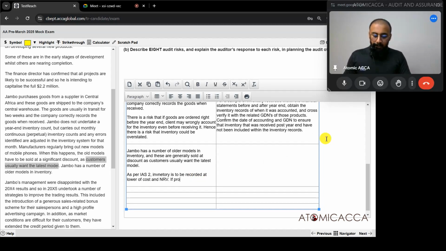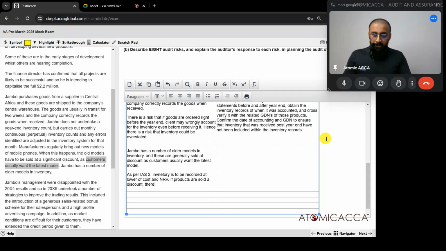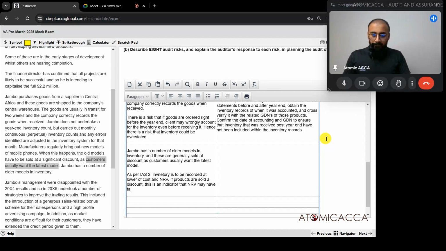If products are sold at a discount, this is an indicator that NRV may have fallen below the cost of products.